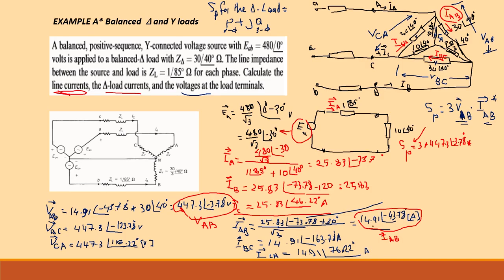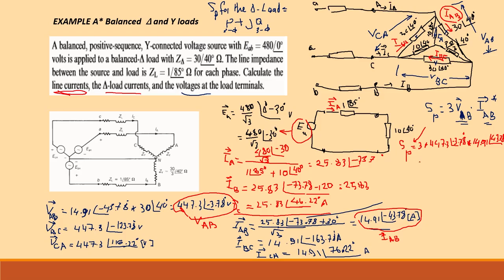This is the current IAB, sorry, with the magnitude of 14.91, and the conjugate of this vector is the mirror image of this vector, as we said in the past video. So the angle here is 43.78.